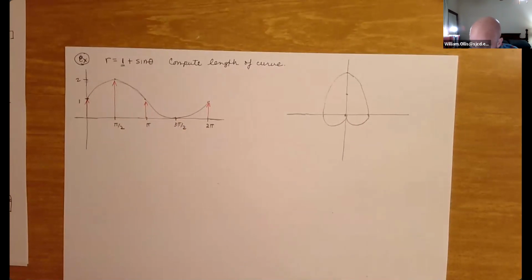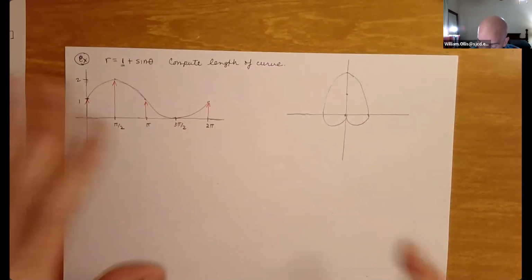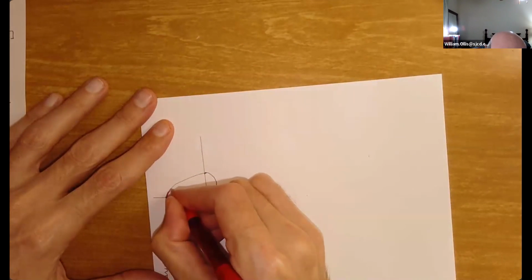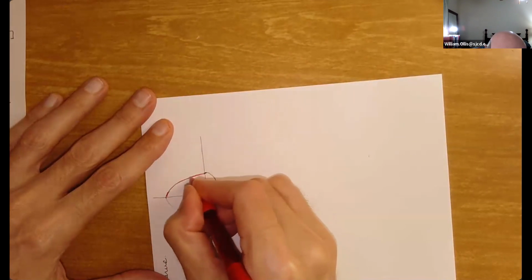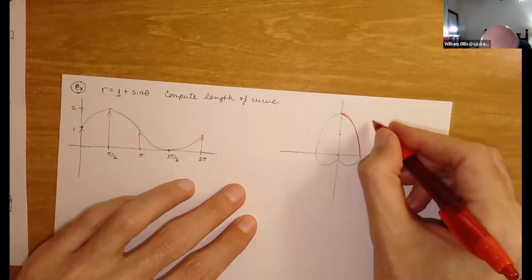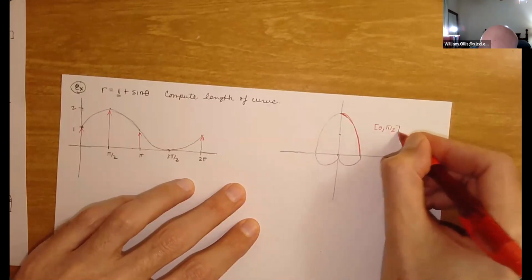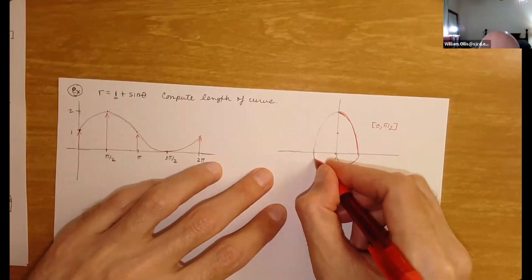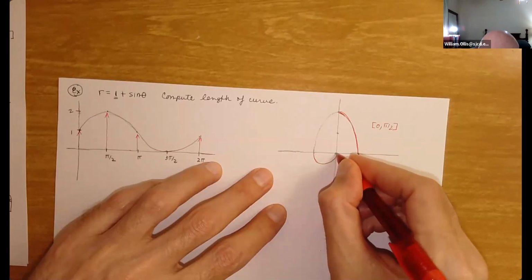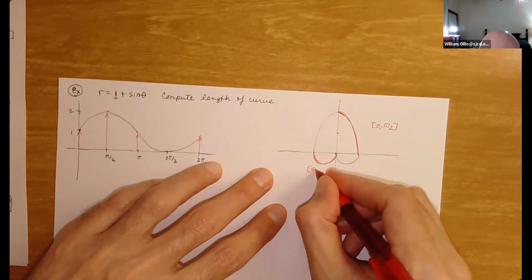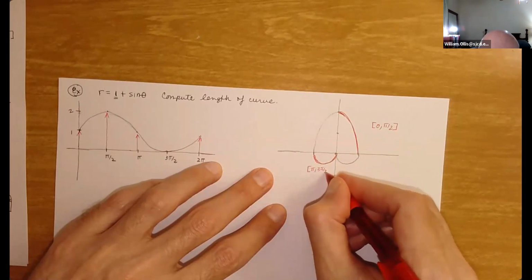So what I would suggest here, since this is fairly simple, is to integrate from 0 to pi over 2. So we'll just call this 0 to pi over 2. And then integrate from pi to 3 pi over 2.